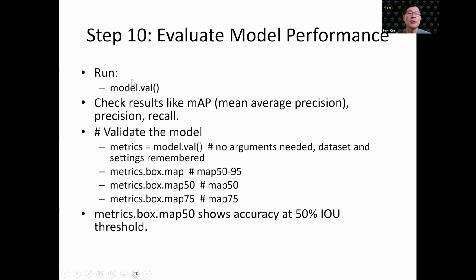After creating the model, you can just call model.val. Then this creates some numbers based on your training. There are two different kinds of evaluation and accuracy. You can generate accuracy using the training data set. It is called training time accuracy.